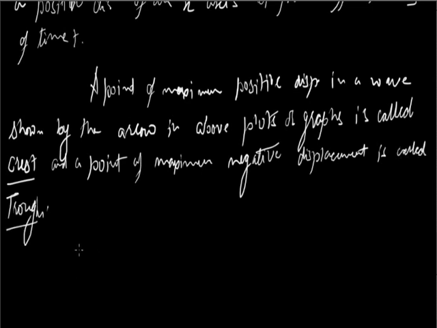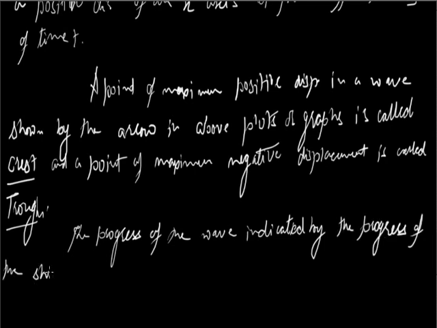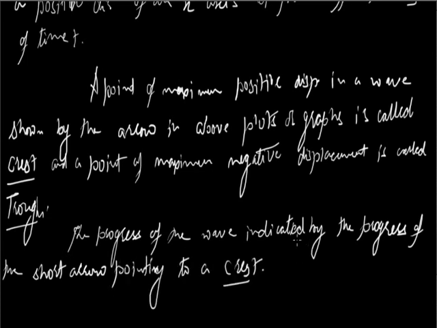The progress of the wave is indicated by the progress of the short arrow pointing to a crest of the wave towards the right.